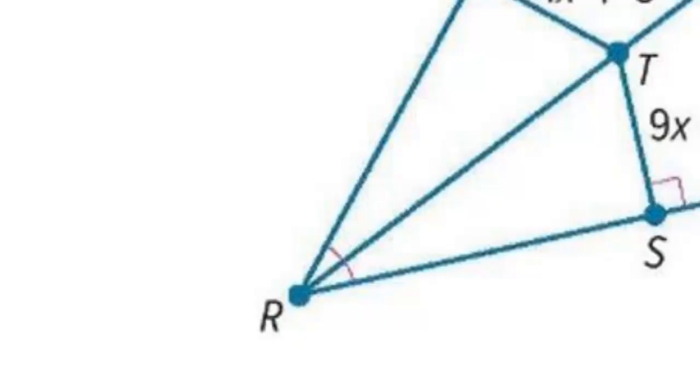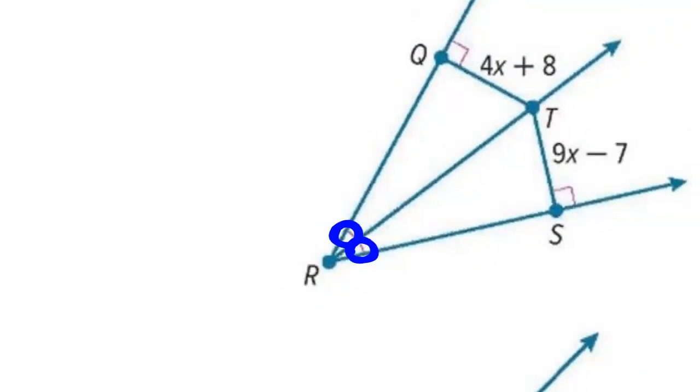What do these mean? Why do we put arc markings in angles like this? They're the same. They are congruent. These two angles are congruent.